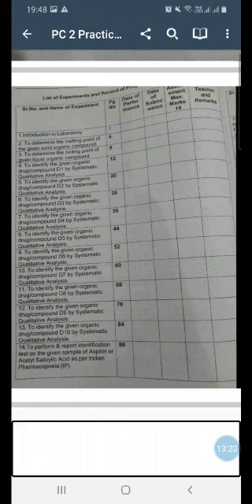So experiment number 27 is to visit a chemical or analytical laboratory and write a report of it.